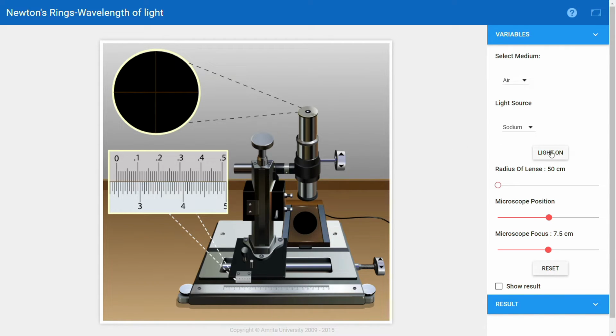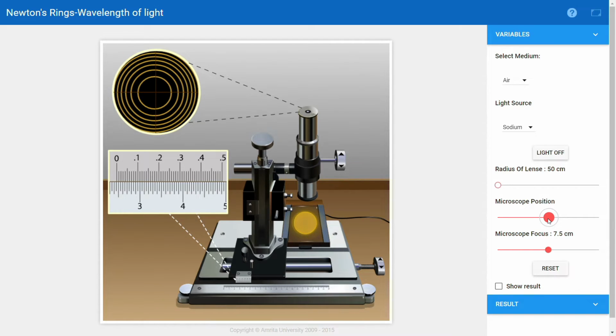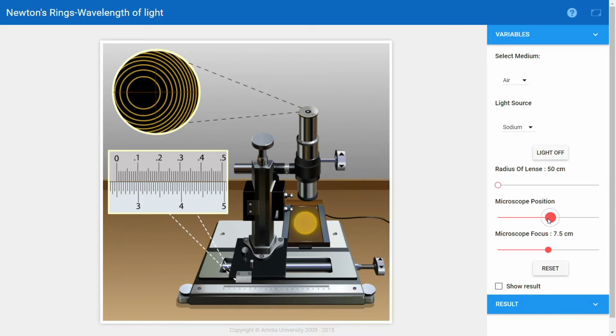We turn on the light. You see that this is our fringe pattern, and it is formed here. We can only see it through this microscope, not with our naked eye, so we are using this microscope. Starting, we have to focus this. See, now we are at the center. This is the center of the pattern. Now we are moving to our right, and stopping here.